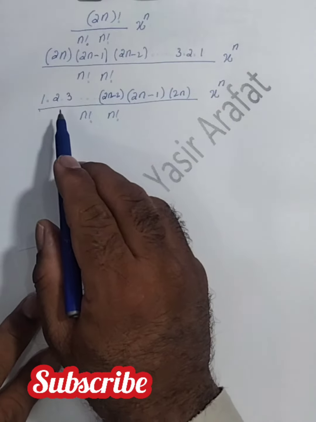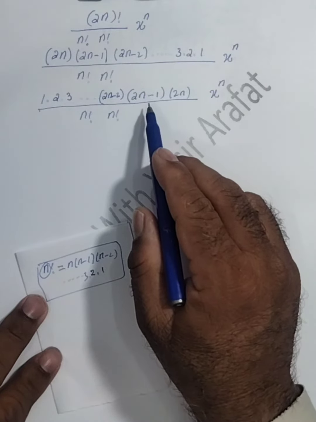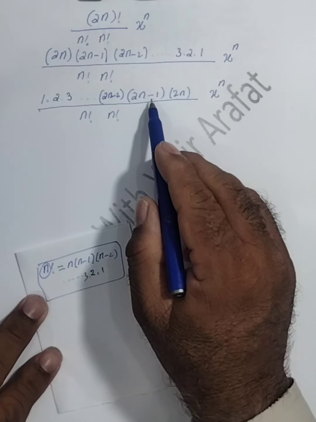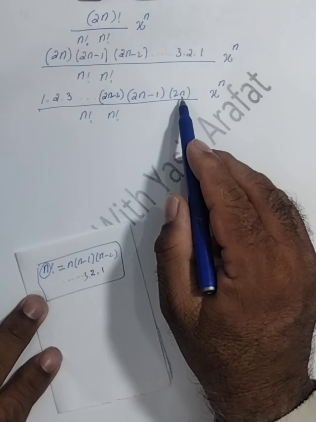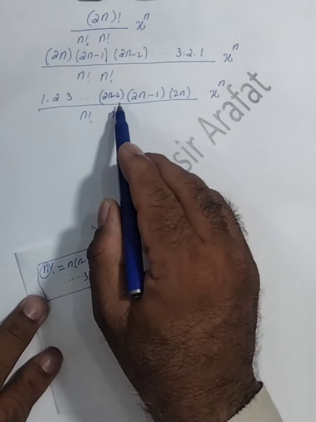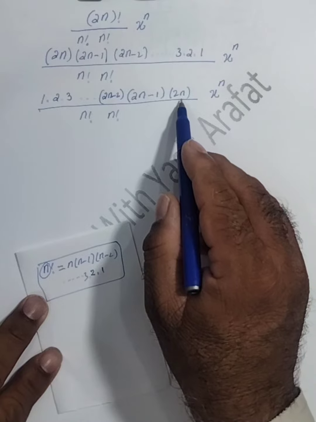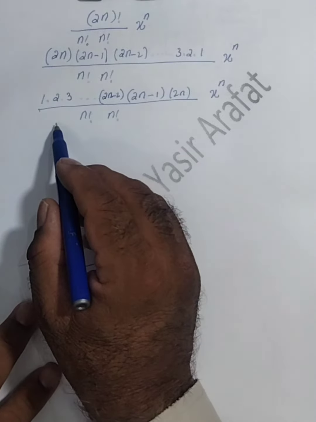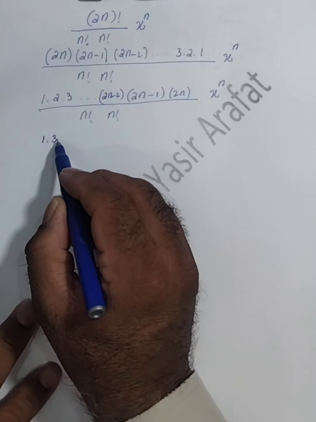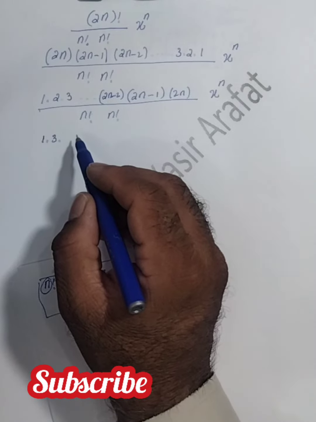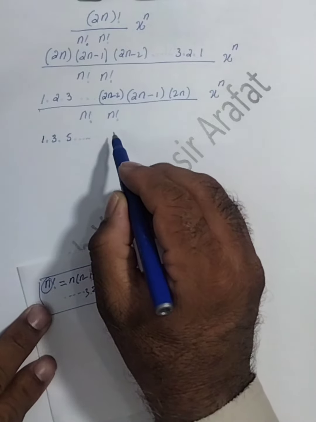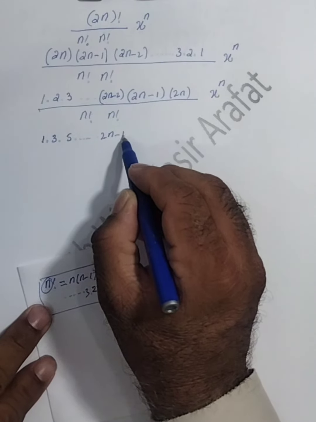So dear students, here we have two different types of sequence. Number one is 2n minus 1, which is the odd number, and the other one is 2n, which is the even number. So here 1, 2, 3, 4, 5 till this number, that means the odd numbers and the even numbers are mixed here. So we can separate the odd numbers and the even numbers. So how? This is 1 into 3 into 5 and so on up to 2n minus 1.